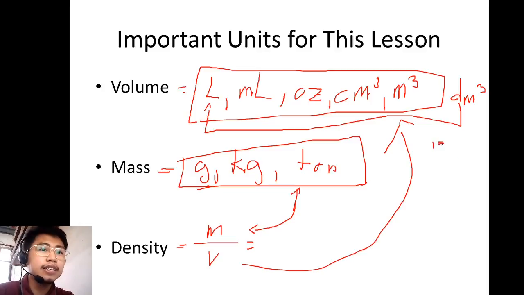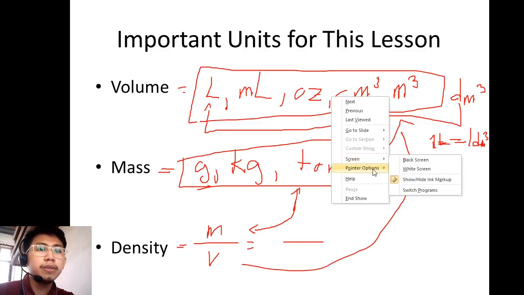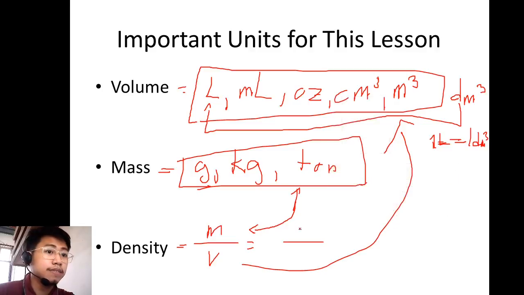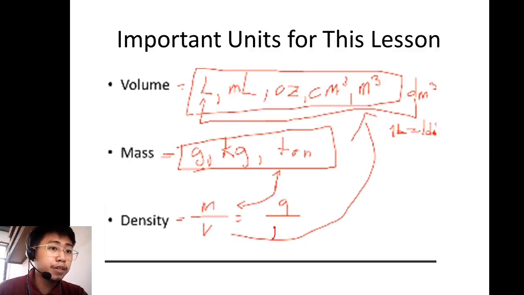So 1 liter is equal to 1 dm cube. The most common unit we use is grams per milliliter, and that is the common unit used in chemistry.